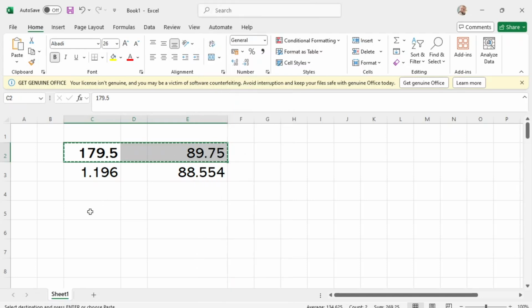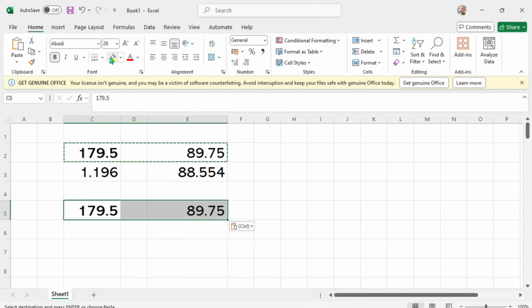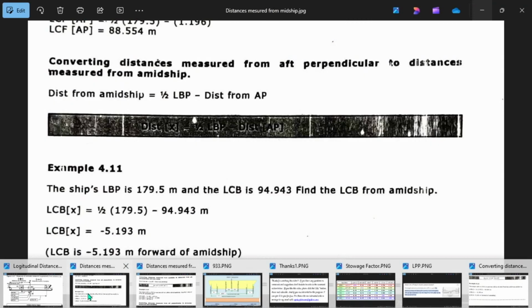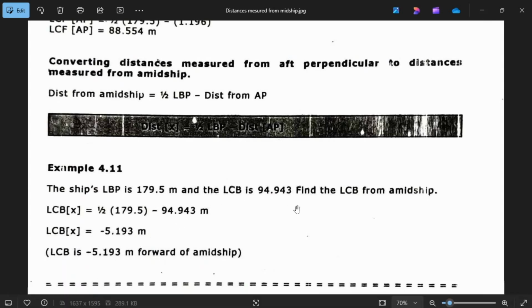So 1/2 of this one is this one. Go here, paste. So this 1/2 of your LBP is 89.75. Then you have here the LCB, or longitudinal center of buoyancy, which is 94.943. Positive because you're on the upward.